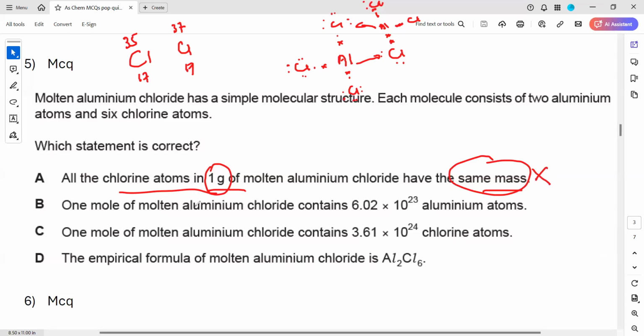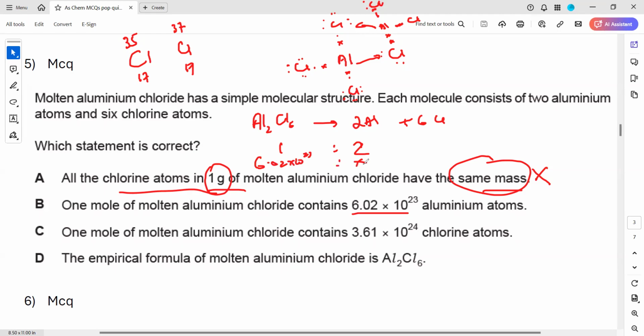One mole of molten aluminium chloride contains 6.02 × 10^23 atoms. When you use the ratio, because Al2Cl6 is there, it has 2 aluminium and 6 chlorine atoms, so the ratio is 1:2. If we have 1 mole, we have 6.02 × 10^23.